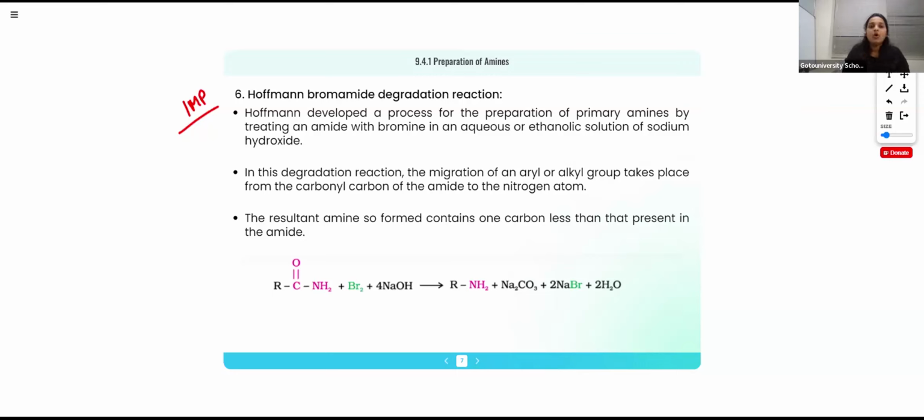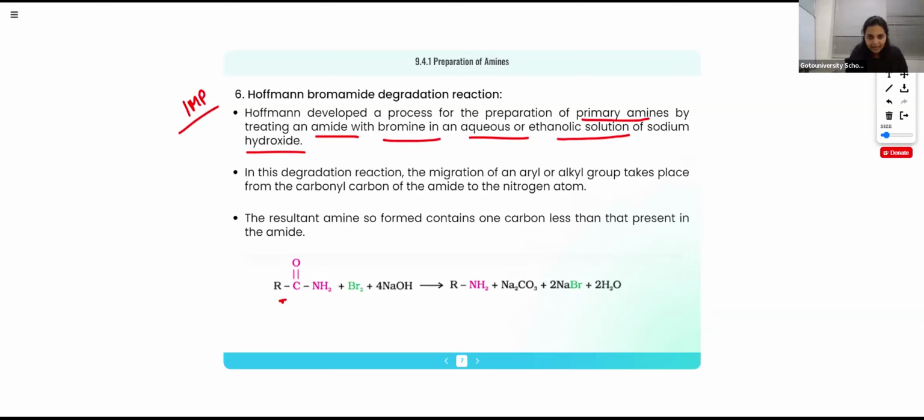Hofmann developed a process for the preparation of primary amines. Gabriel phthalimide synthesis is also for primary amines. Hofmann bromamide degradation is also for primary amines, by treating an amide with bromine in aqueous or ethanolic solution of sodium hydroxide. These reagents are important.